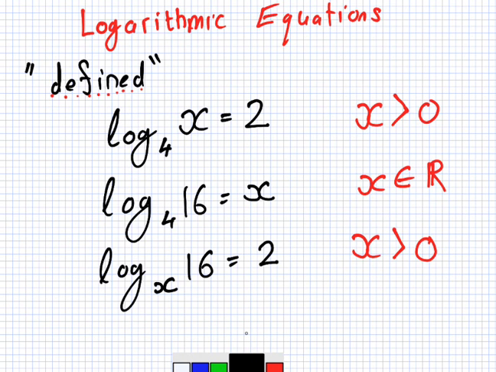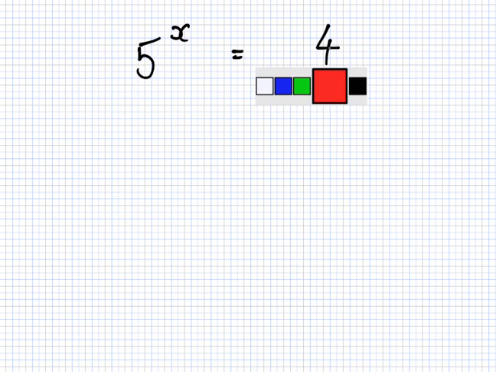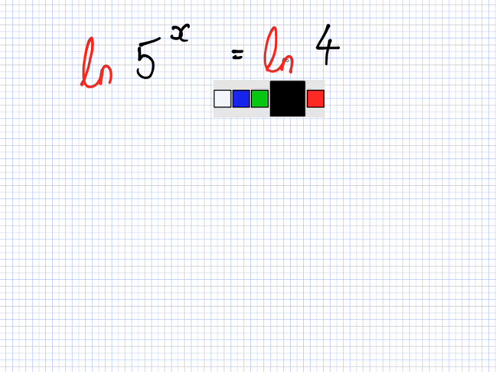Okay, so now let's have a look at some actual equations to solve. So my first example is 5 power x equal to 4. And I want to know what x is. So what we could do here, we could put a natural log on both sides.